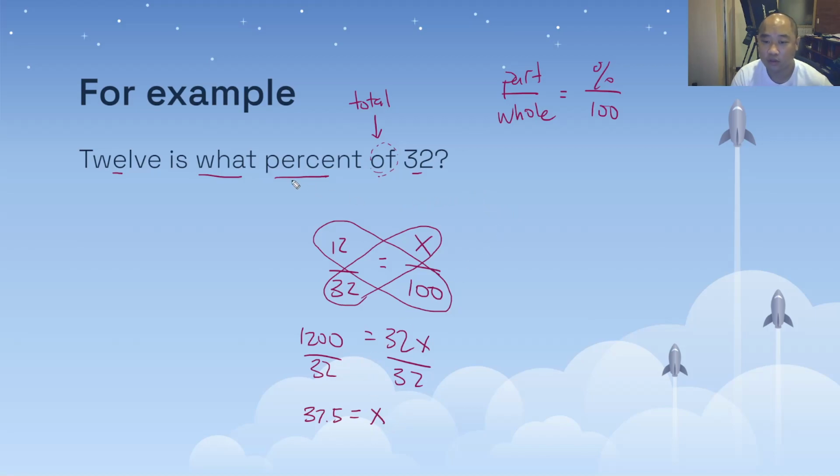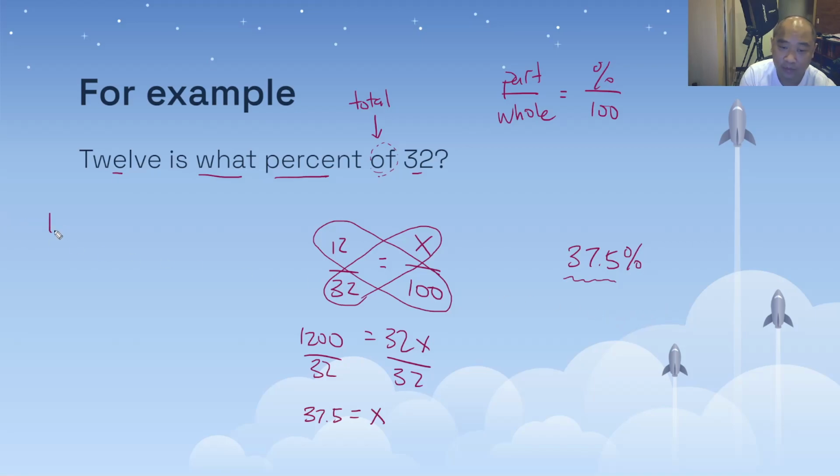So 37.5. This is the number that we get, right? And this is over 100. So remember, anything over 100 is basically how you write something as a percent. So this is 37.5%.